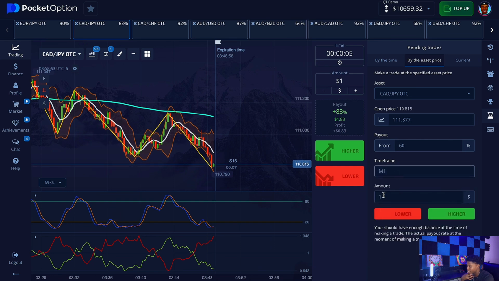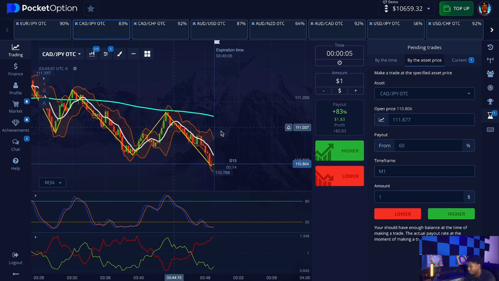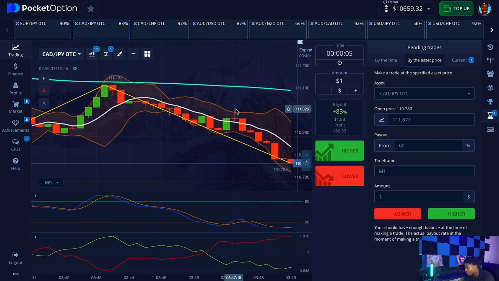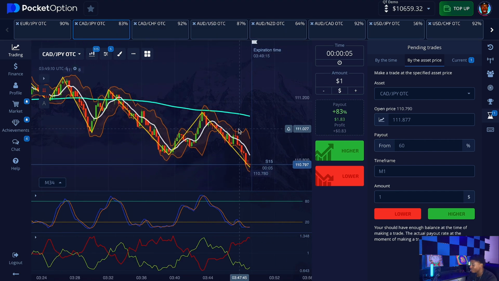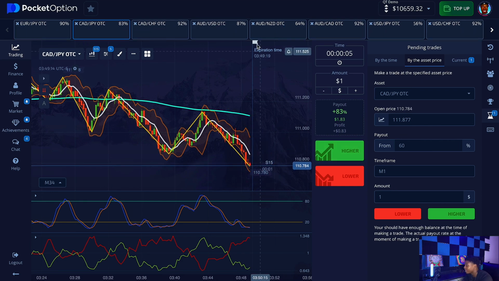I guess you can't do the seconds, but I would place a trade for the lower at 111, because I know that once it hits this zone right here, once it hits these candlesticks at this high wick, most of the times it'll hit that high wick right there, but once it hits that zone, I know it's gonna come back down. So then I'll just trade it by the asset price.